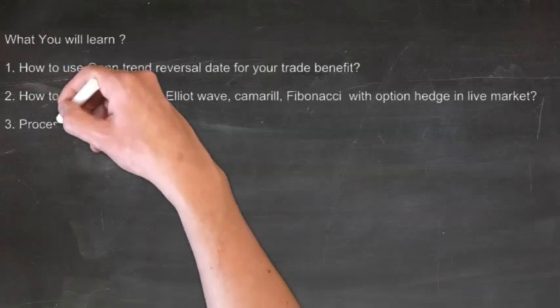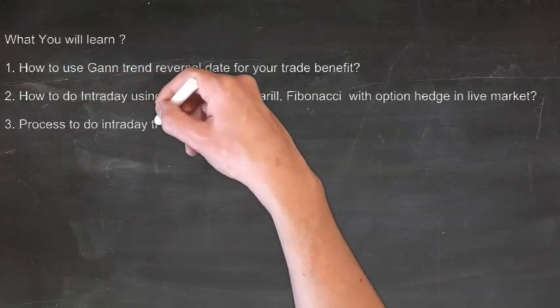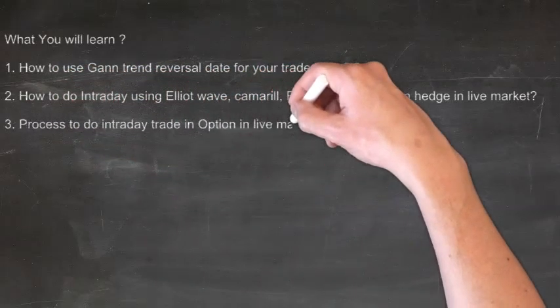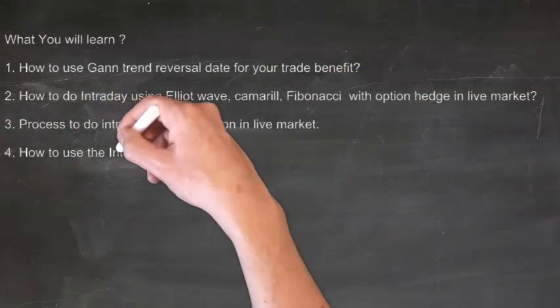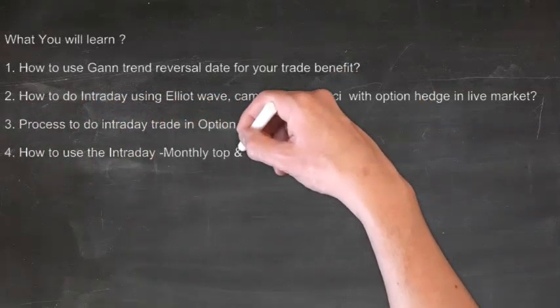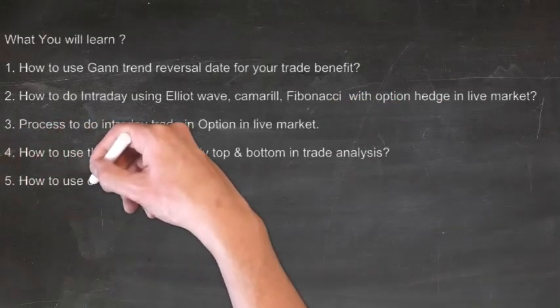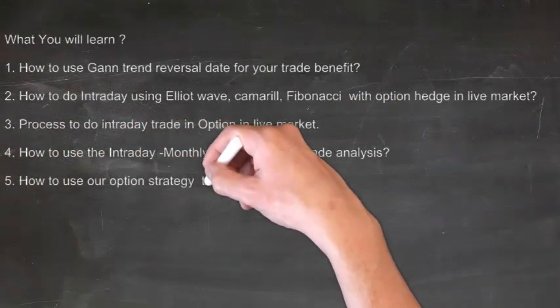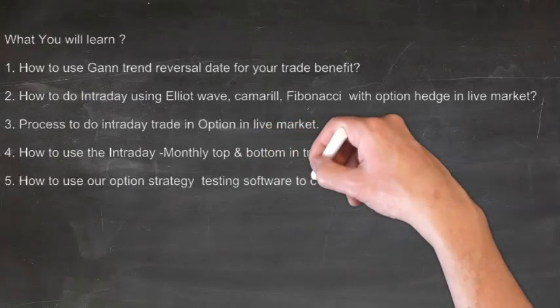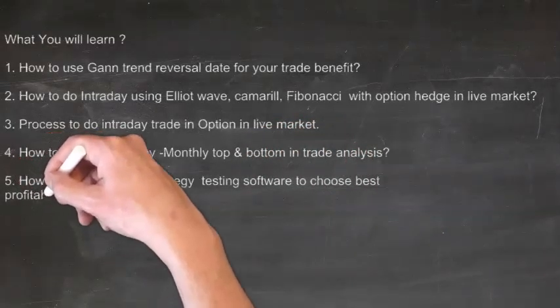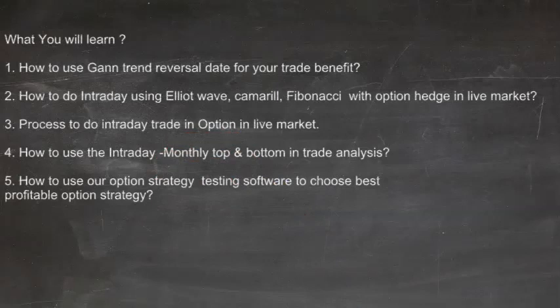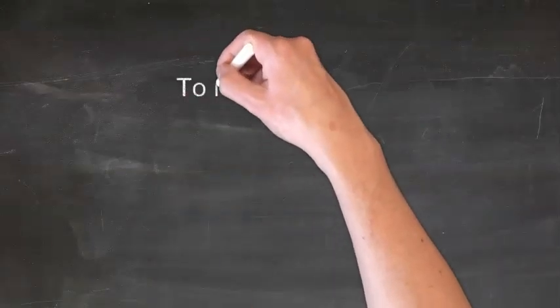In the live market, we will explain the processes to do intraday trade in options, using the option scanner, how to use the intraday monthly top and bottom, and how to use our option strategy testing tool. So these are the things you are going to learn in this program, and besides that, you will also be learning many more.